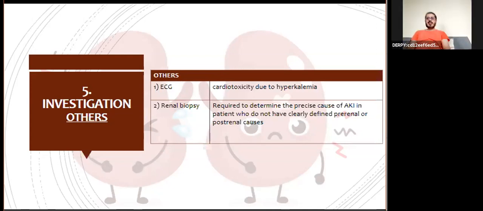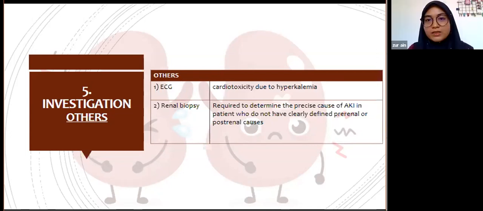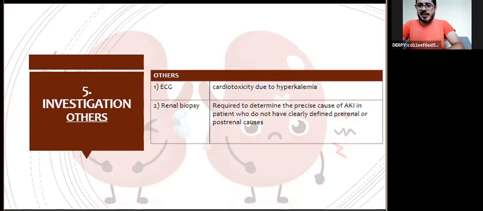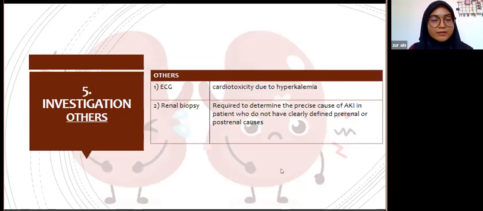Yes, I will ask about cardiotoxicity due to hyperkalemia. So those who attended the lecture on hemodynamic monitoring, can you tell me what happens in the ECG if there is cardiotoxicity from hyperkalemia? What is the change in the ECG?